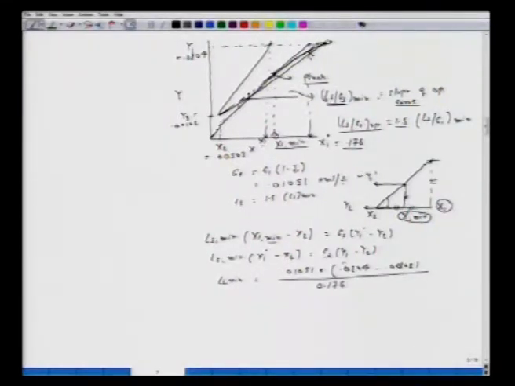So, we are trying to find out the height of this segment divided by the entire segment, which will give the same result for the slope if you go by this. So, it is up to your choice. 0.176 minus 0.00503, which is x2. If you calculate, you will get 1.190 times 10 to the power minus 3 kilomole per second. So, this is the minimum amount of solvent required for the present conditions.